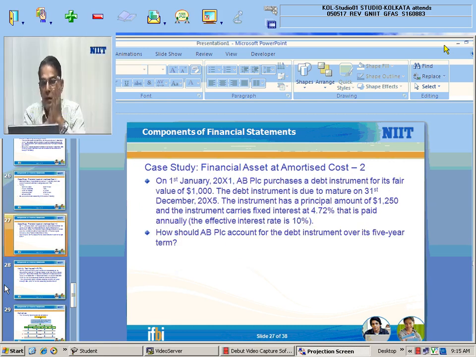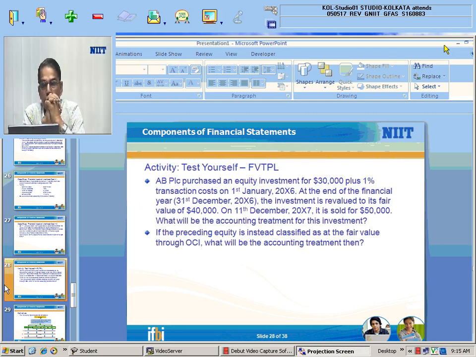Now we will look at another case study. This is on a financial asset measured at fair value through profit and loss.